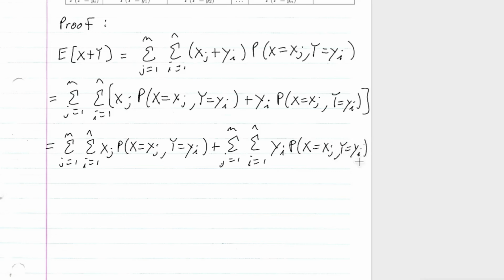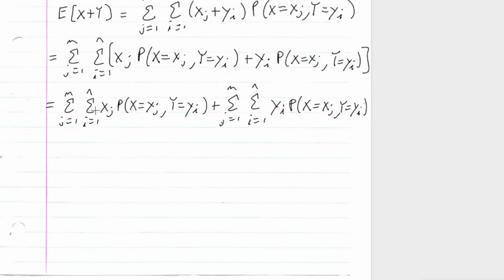And look what I have here. This is the definition of the expected value of X, and this is the definition of the expected value of Y. So this is equal to the expected value of X plus the expected value of Y.